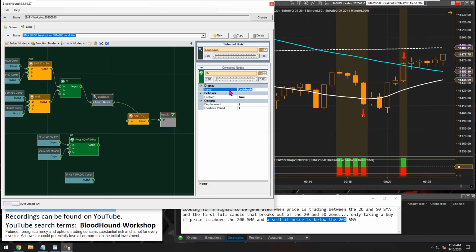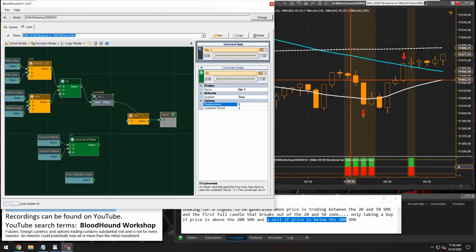And what this look back node is doing is displacing the signals forward by 1 bar, right? So this displacement setting set to 1 is what's shifting the signals forward by 1 bar. If I set the displacement to 2, then it shifts everything forward by 2 bars, right? So this displacement is NinjaTrader's displacement function.